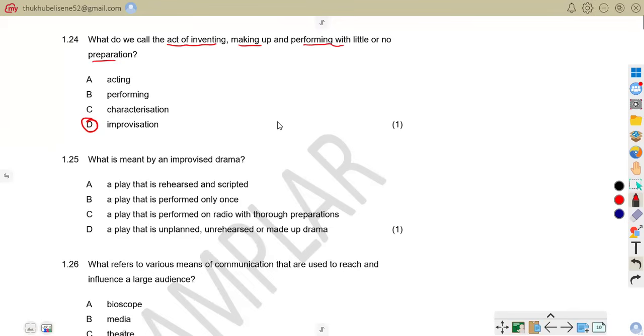That is the act of inventing or making up or performing with little or no preparation. What is meant by improvised drama? That is 1.25. The correct answer is D. That is a play that is unplanned, unrehearsed, and made up.